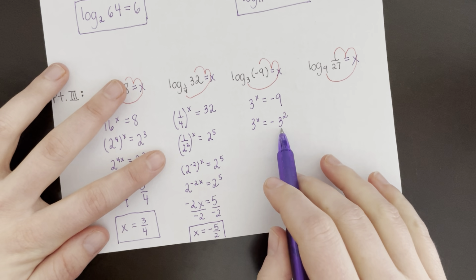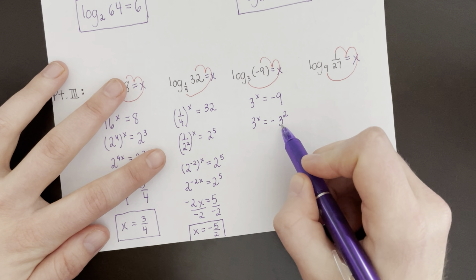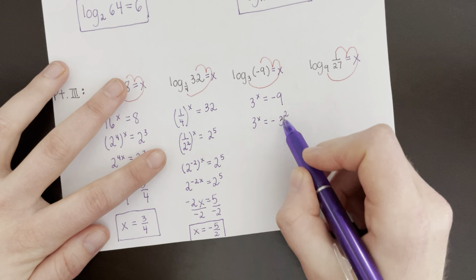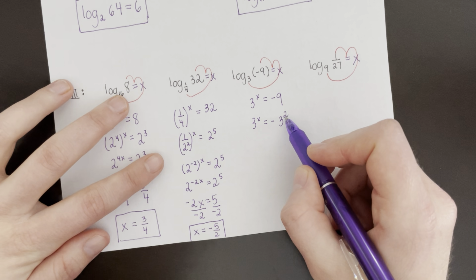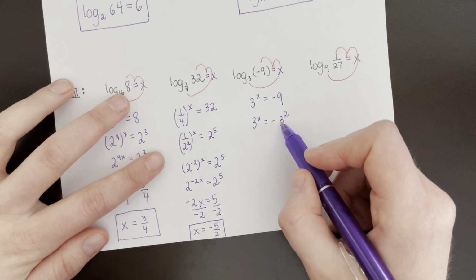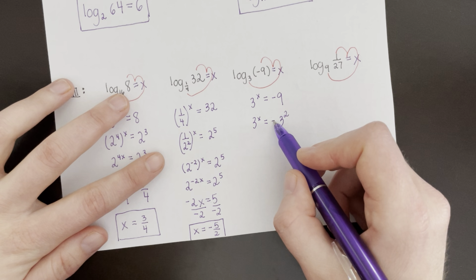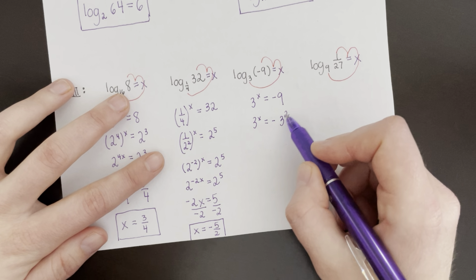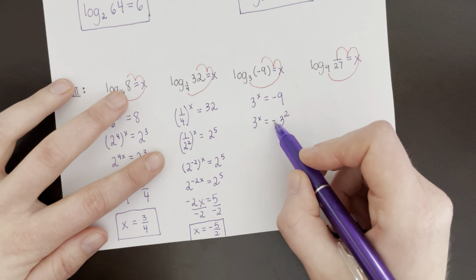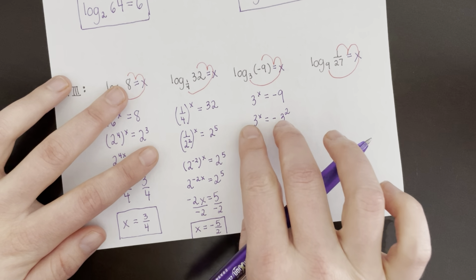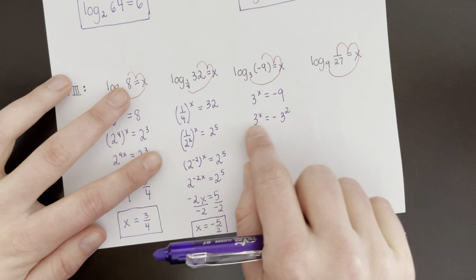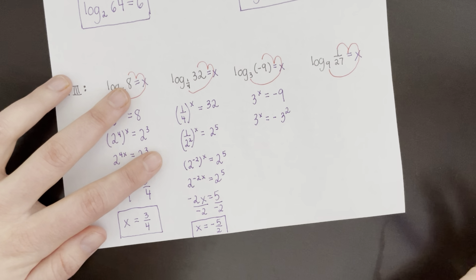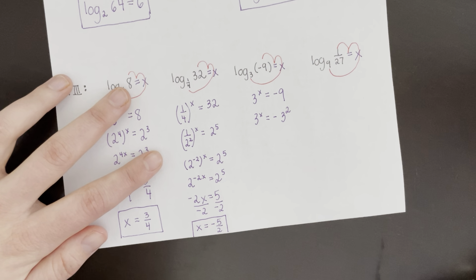Here's where you have to be really careful, because this isn't -3 squared in parentheses, because -3 squared in parentheses would be +9, and that doesn't get back to that. This is like a negative and then 3 squared. So remember with properties of exponents, you would do the 3 squared first, which would be 9, and then that 9 would become negative. But these bases aren't equivalent. This is a +3, this is a -3. It's not possible for those two things to ever be equivalent.